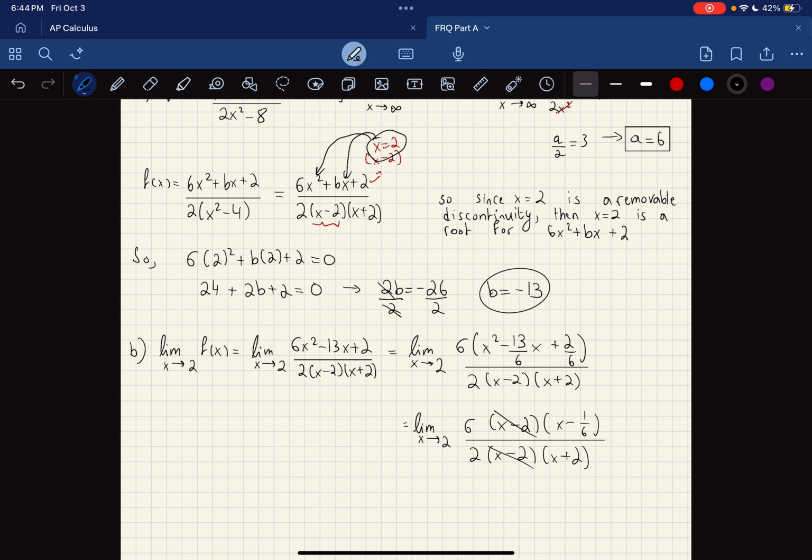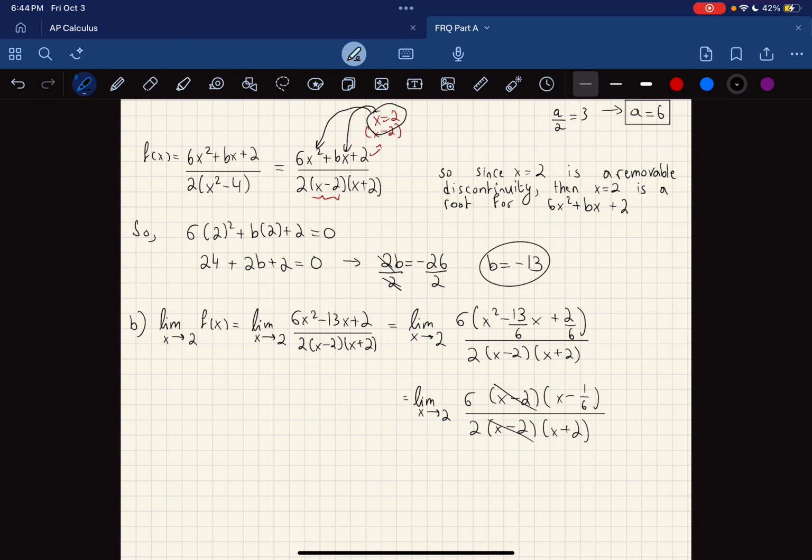So now x minus 2 and x minus 2 are going to go, and then I can just replace x with 2. So I'm going to have 6 times (2 minus 1 over 6), all of it over 2 multiplied by (2 plus 2). Now 6 divided by 2 over here is going to be 3. 2 minus 1 over 6 is going to be 11 over 6, and down it's going to be 4.